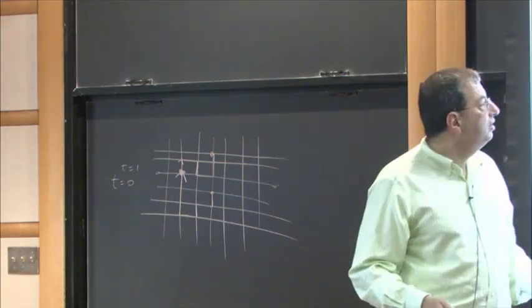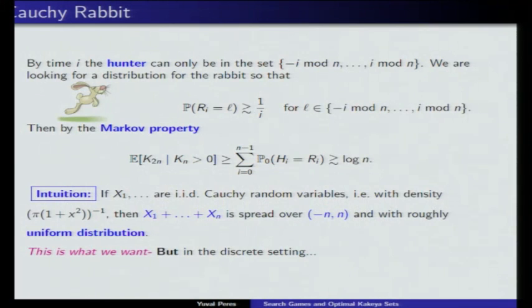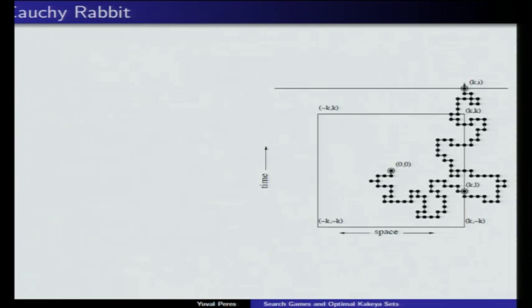So it exactly gives the property we wanted here, that after a collision, the probability of the rabbit being in location L I steps later is going to be at least 1 over I. And so the expected number of collisions will give the log n. And so there's a simple argument by symmetry to really show that this 1 over I bound holds.